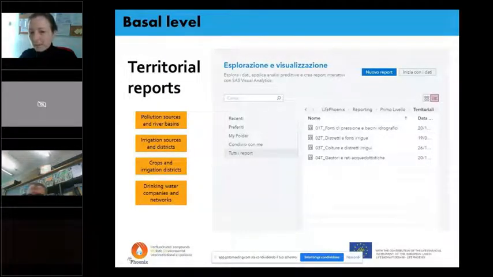We have a report on pollution sources in relation to river basins, another report on irrigation sources and districts, one report on crops in relation to irrigation districts, and a 4th report on drinking water companies and networks. And now I will show you some screenshots of the first type of report.